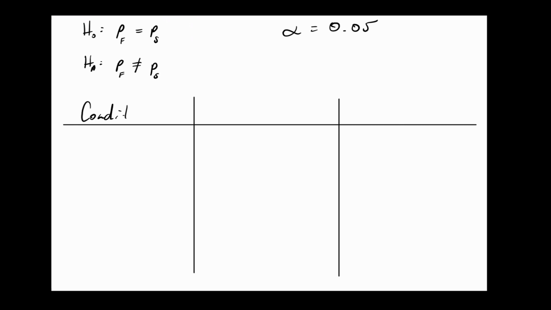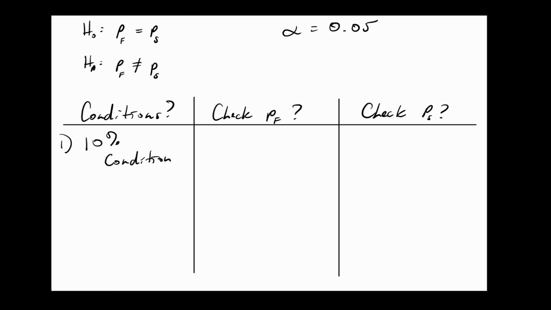So conditions, check P sub F and check P sub S. The 10% condition goes second; SRS goes first.